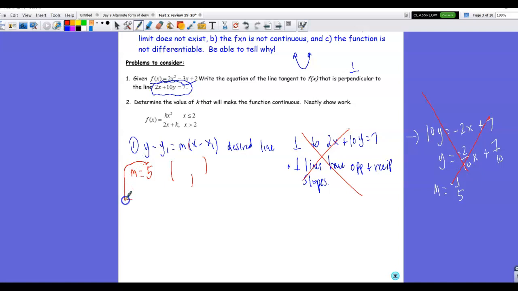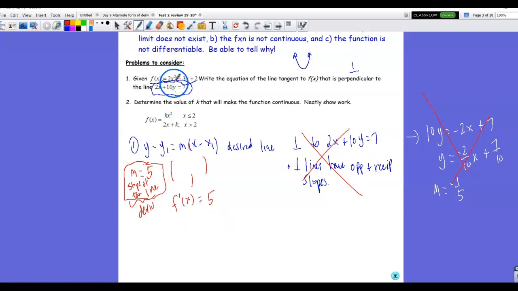Remember that this was the, let me write it out, this was the slope of a tangent line. Now, slope of a tangent line is derivative. So that means that the derivative of my function, f of x, that means f prime of x is equal to 5 somewhere. That's going to give me the value of x.